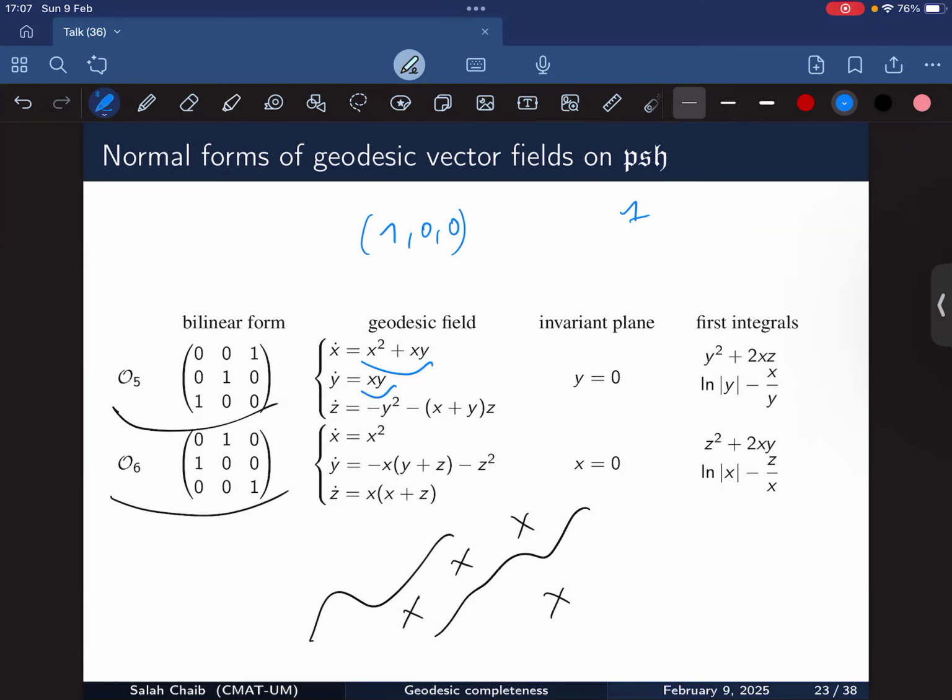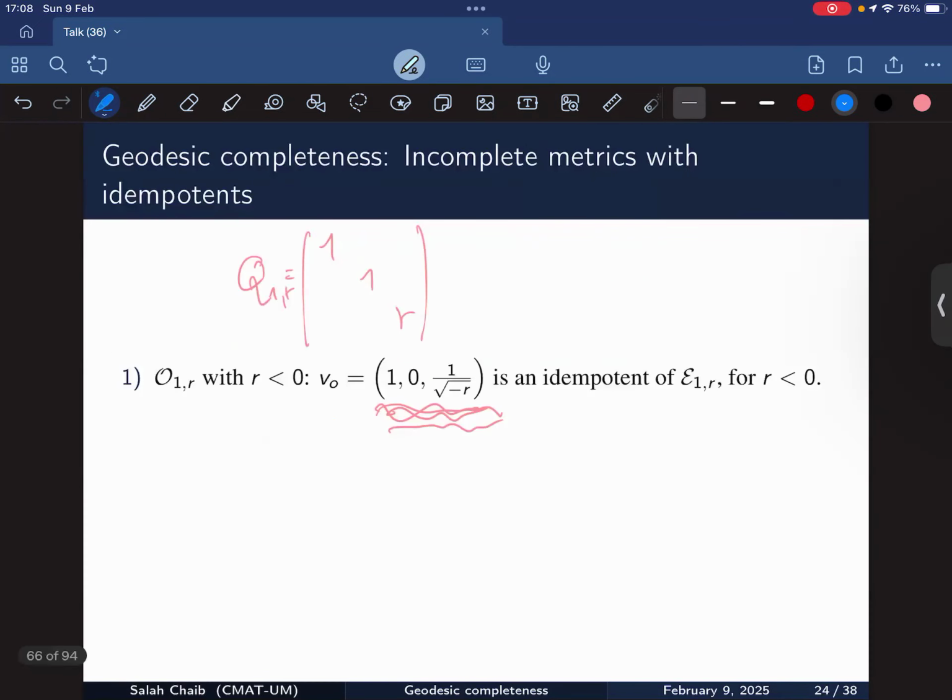For the second equation, you get 0. For the last equation, as you have y and z, you will get also 0. So (1, 0, 0) maps to (1, 0, 0). So f(x0) equals x0. And this is the meaning of having an idempotent for the vector field. And as we showed, the existence of such idempotents implies incompleteness.